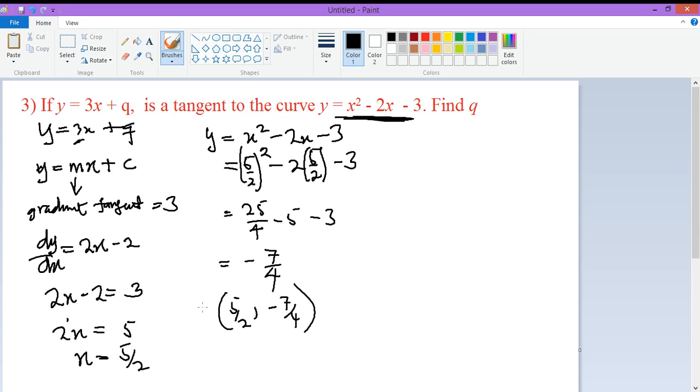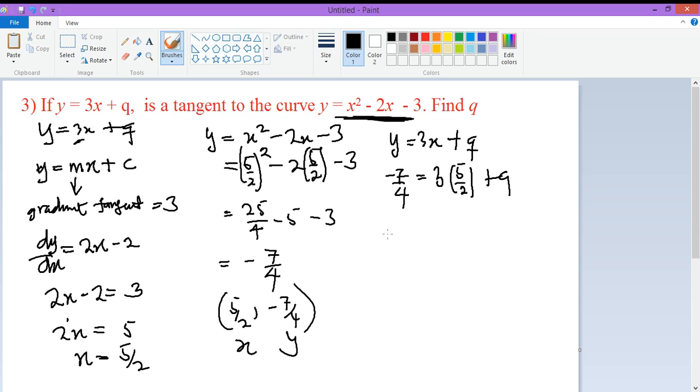Remember, this is the x coordinate, this is the y coordinate. So picking the equation y is equal to 3x plus q, we'll substitute in negative 7 over 4 is equal to 3 multiplying 5 over 2 plus q. Then we group like terms.